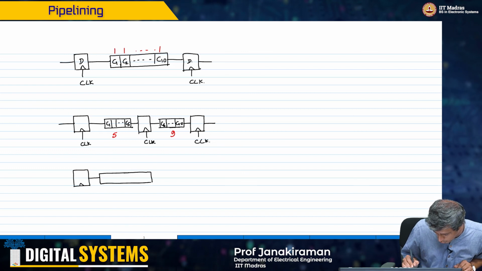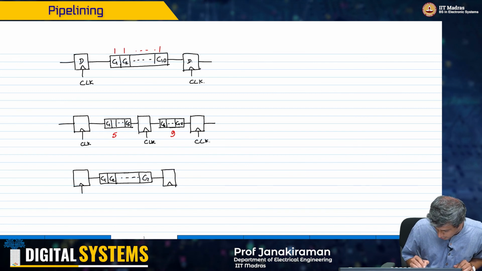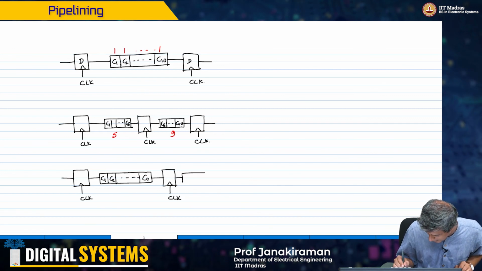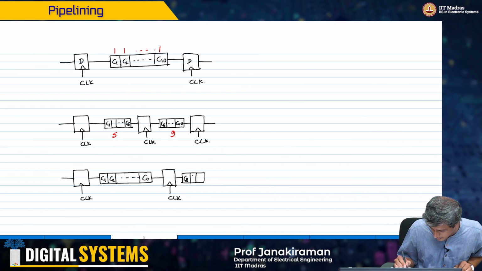I collect 2 more, C1, C2, C7, right? This is my clock. Then I have 3 more guys, C8, C9, C10, okay.